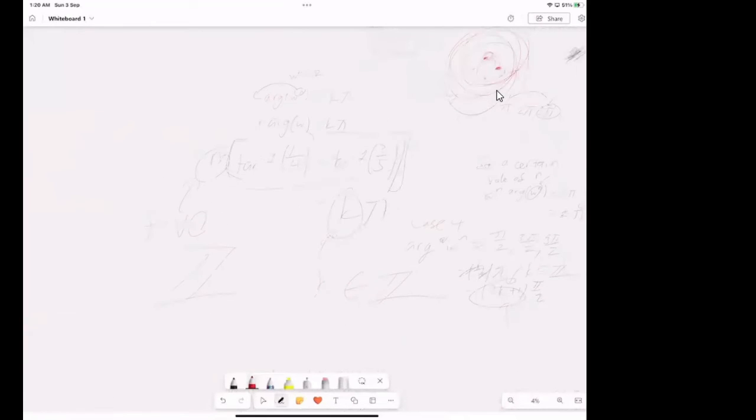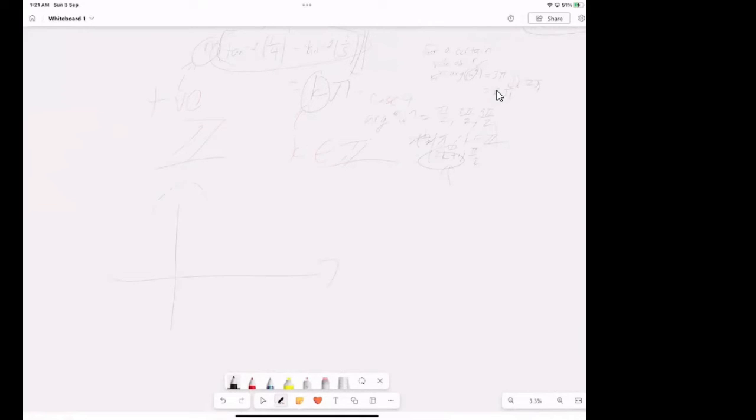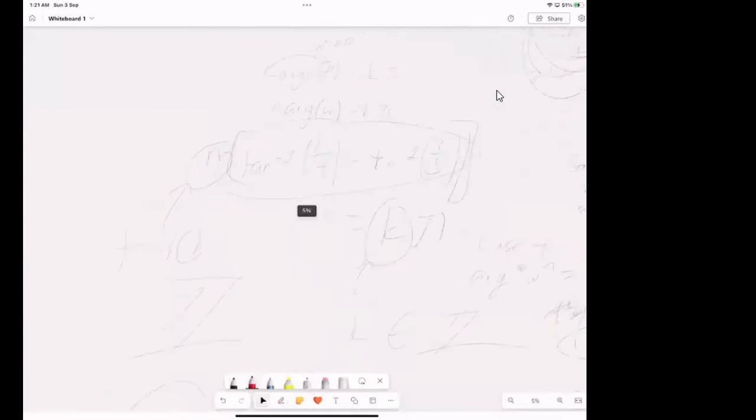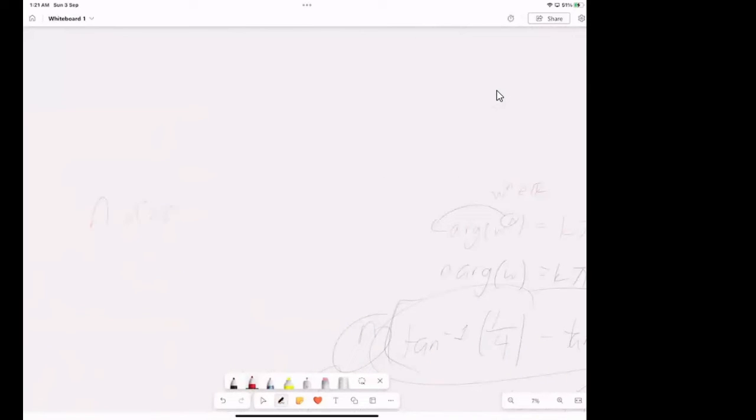So now that we know that this w is actually just 1 minus i, theta equals pi over 4, because tangent theta equals 1. So let's use the new argument: argument of w equals k pi.